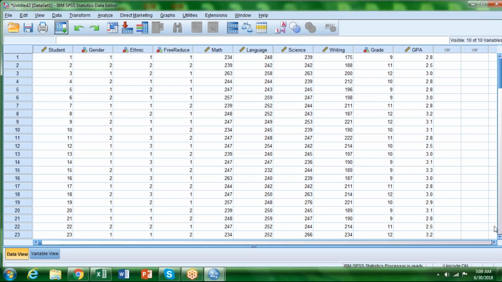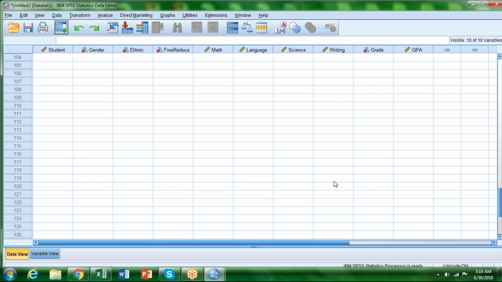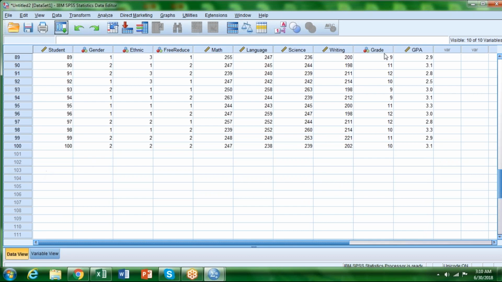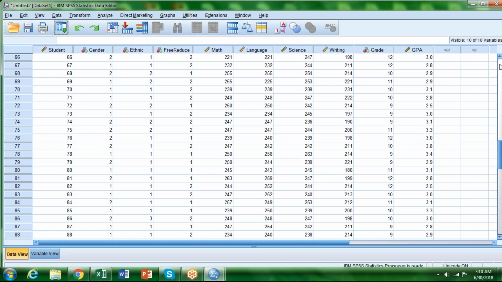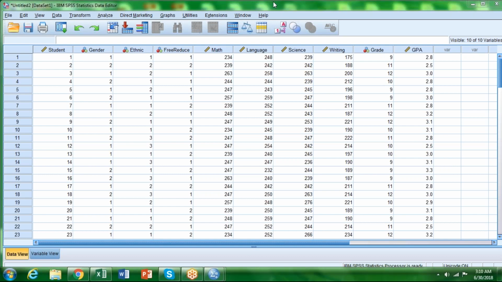This is our data set that we're going to be playing with today, and we're going to do our analysis for correlations. We'll scroll down just so that we can see we have 100 participants, 100 students. We'll start off initially by just looking at our data set.